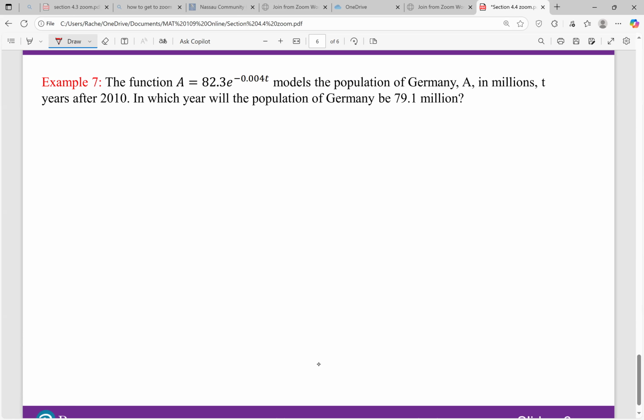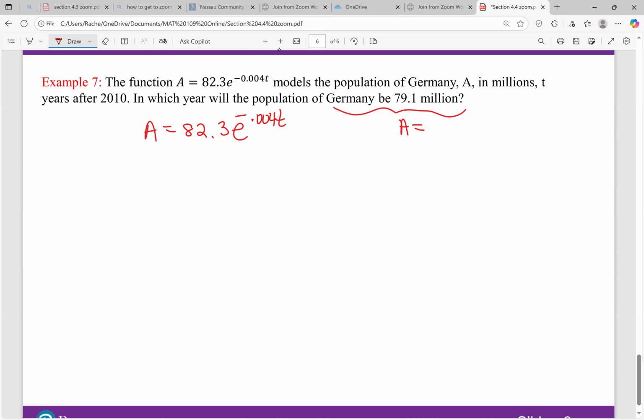So this equation is calculating population of Germany, which is A. But it depends on time, which is t, right? How many years after 2010? So first of all, let's write down this model. A is equal to 82.3 times e to the negative 0.004t. So we want to know, when is the population of Germany going to be 79.1 million?